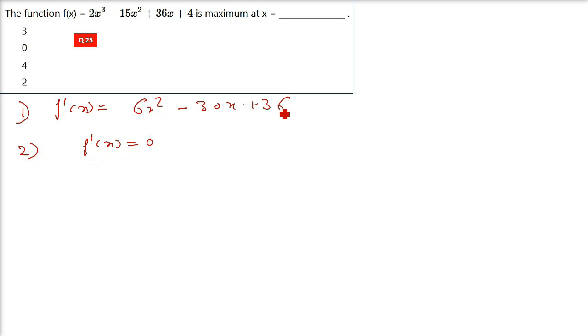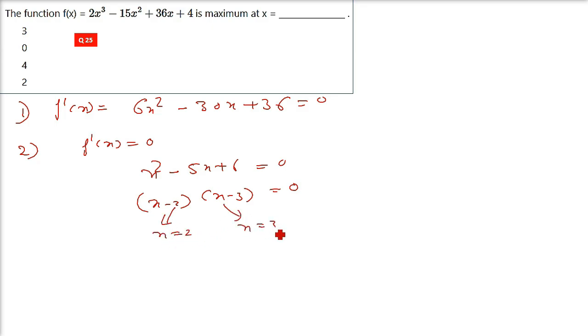Once you equate it to 0, 6x square minus 30x plus 36 equals 0, you can divide both the sides by 6. So you will get x square minus 5x plus 6. This has become quite easy now. (x minus 2)(x minus 3) are the two factors. So x will be either 2 or 3. 2 and 3 are the options.